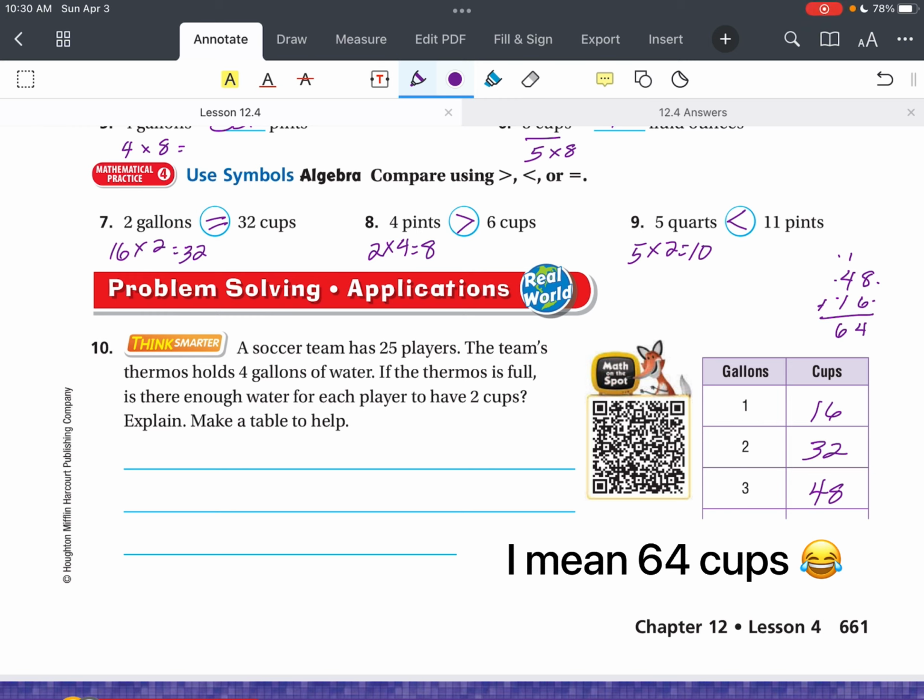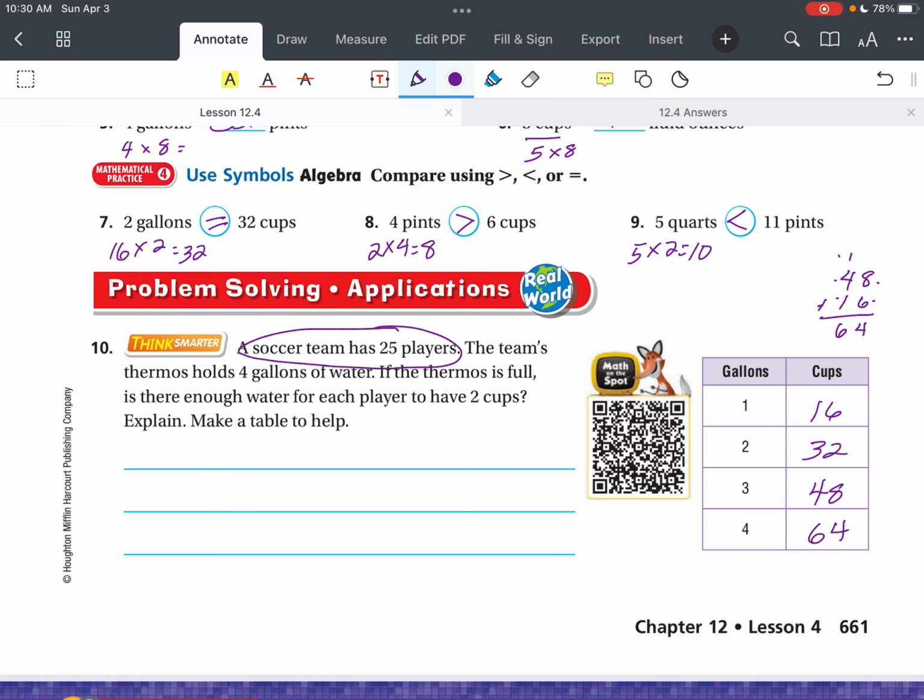All right, for each player, there's 25. So 25 players, if they each got 1 cup, they would need 25 cups. But if each player got 2 cups, they would need 50 cups.